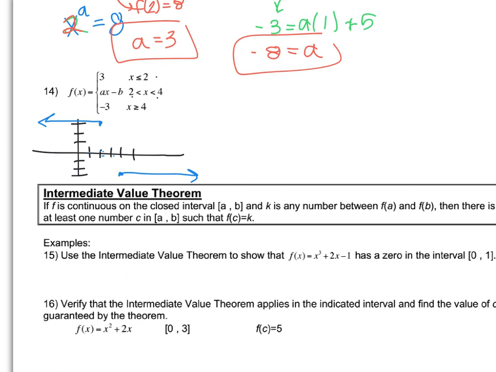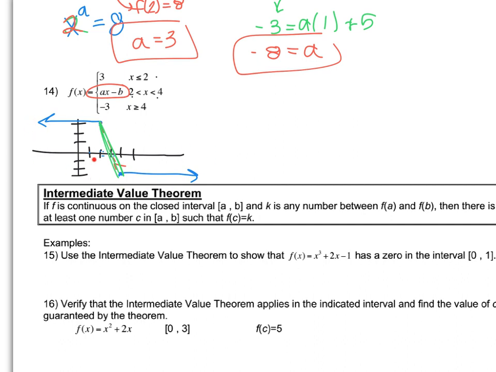So in between is this missing piece of our piecewise function, and we need to figure out the a and the b there. You guys know enough about linear functions that basically what we're looking for is the slope and y-intercept of that small chunk of a line that's going to connect the 2 horizontal lines, because the question is asking find a and b so that the entire piecewise function is continuous over the set of reals.